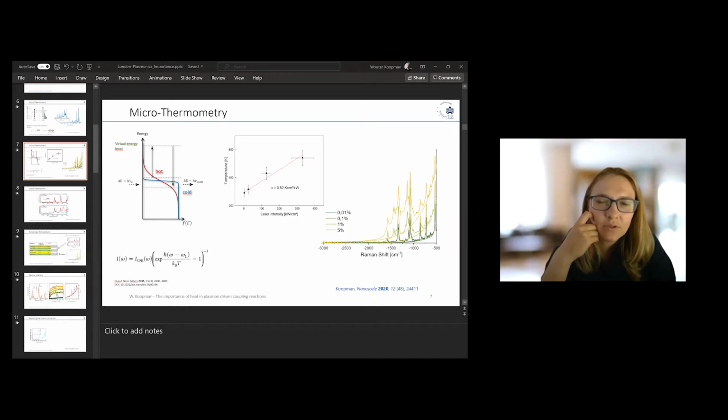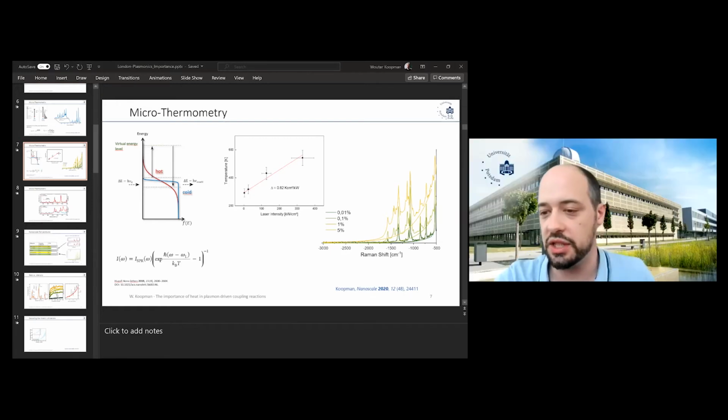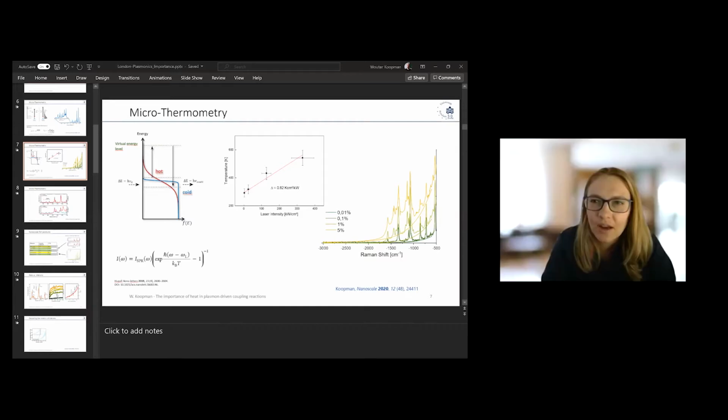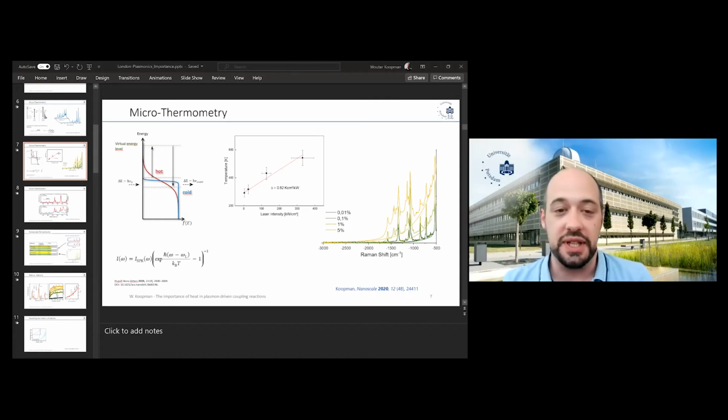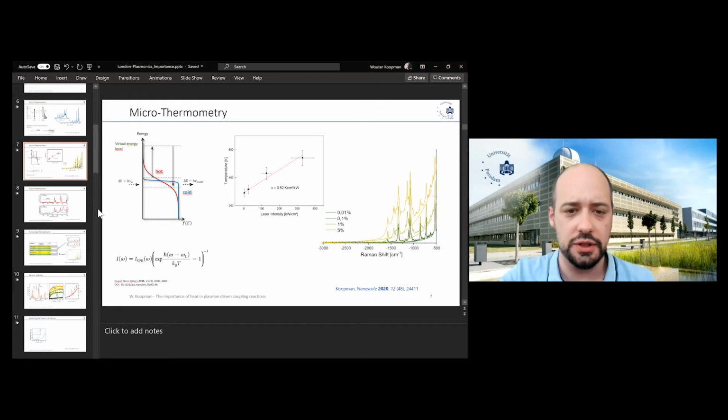Was that the reason for using a thin film geometry in this case, to avoid the heating effects? In this case, we actually wanted to look at the heating. Right, but this isn't the anti-Stokes. Now I know what you're talking about. Yes, maybe I even have a slide for it.